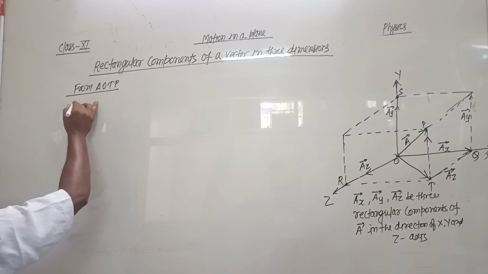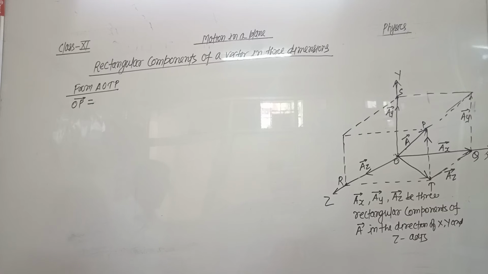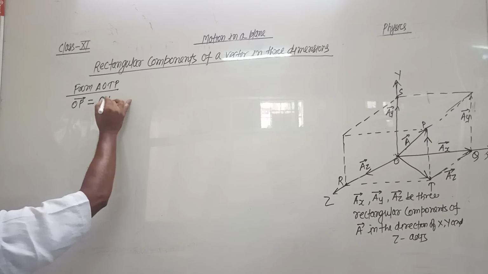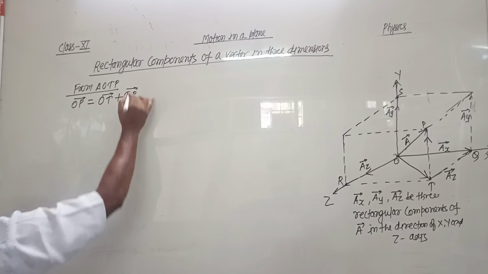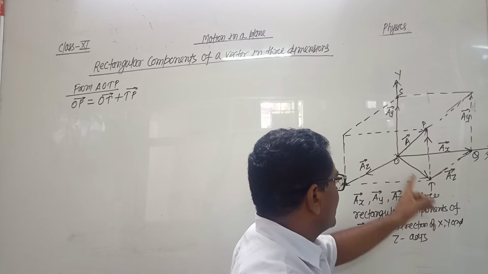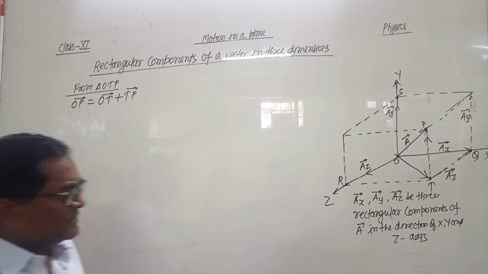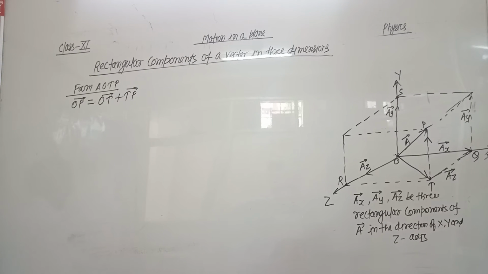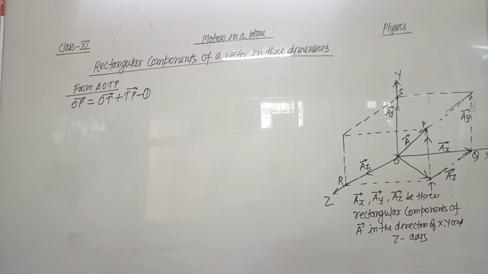So we can write vector OP equals vector OT plus vector TP. Vector OP is written as OT plus TP because the order of vectors OT and TP is the same, and the order of OP is opposite. Name it equation number 1: vector OP equals vector OT plus vector TP.